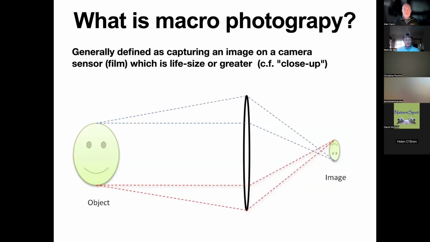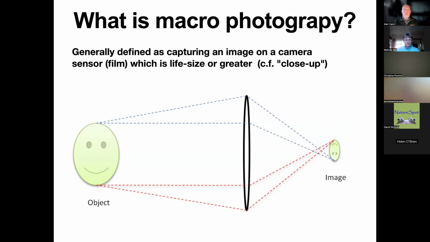What is it? Generally, there is no universally accepted definition of macro photography, but what most people would say is it's when you capture an image on a camera sensor, in the old days it would be film, but these days it's almost all electronic, which is life size or greater.